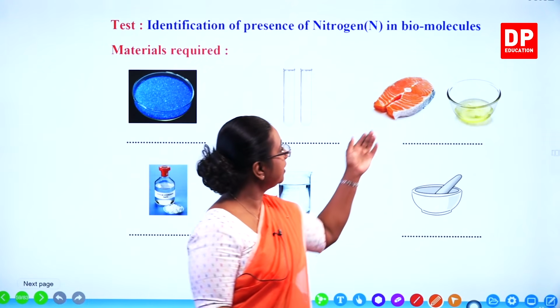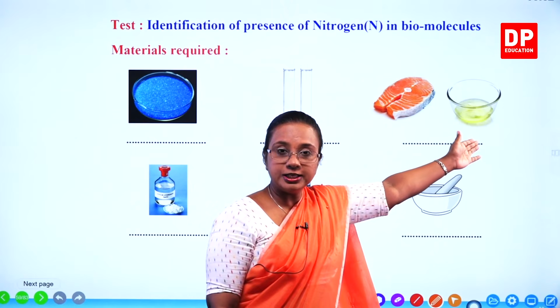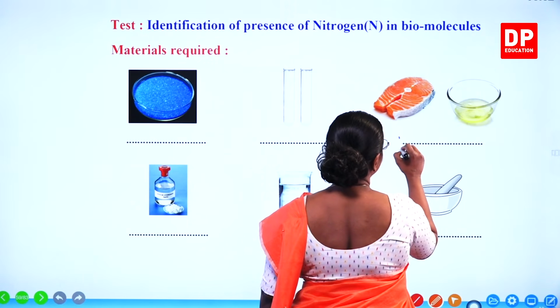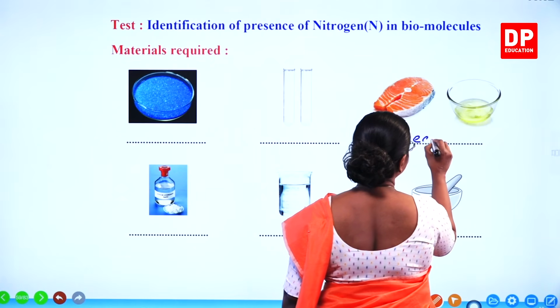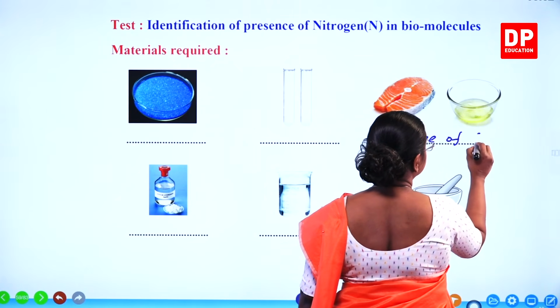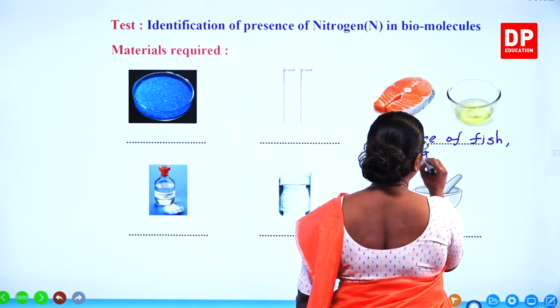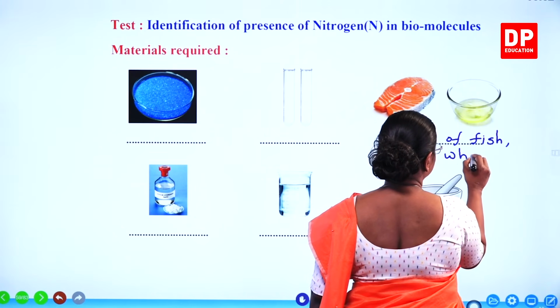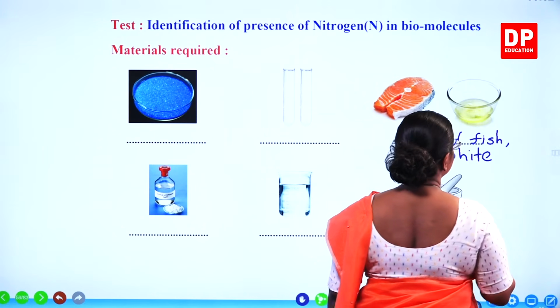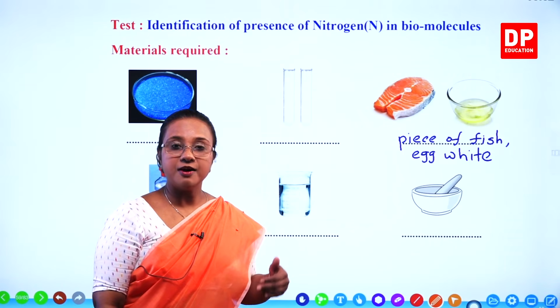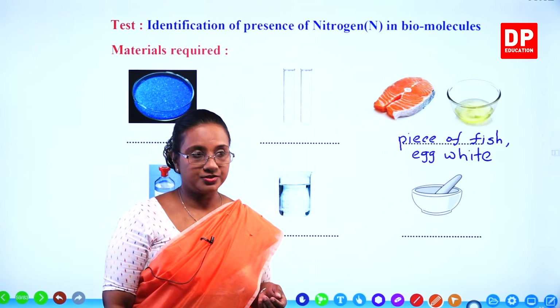For example, a piece of fish or the egg white. So for this activity, we can use a piece of fish or egg white. So this is a food rich in proteins, therefore there will be nitrogen.